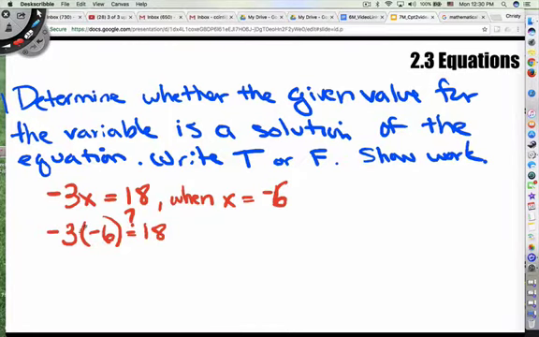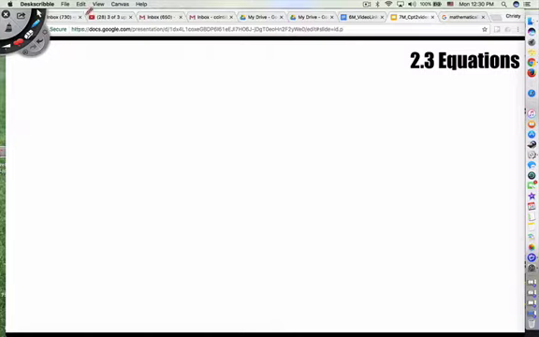This is a closed sentence because this has been proposed now to be the solution of this. Negative 3 times negative 6 is 18. 18 does indeed equal 18. One more example here, showing a little bit more complexity.